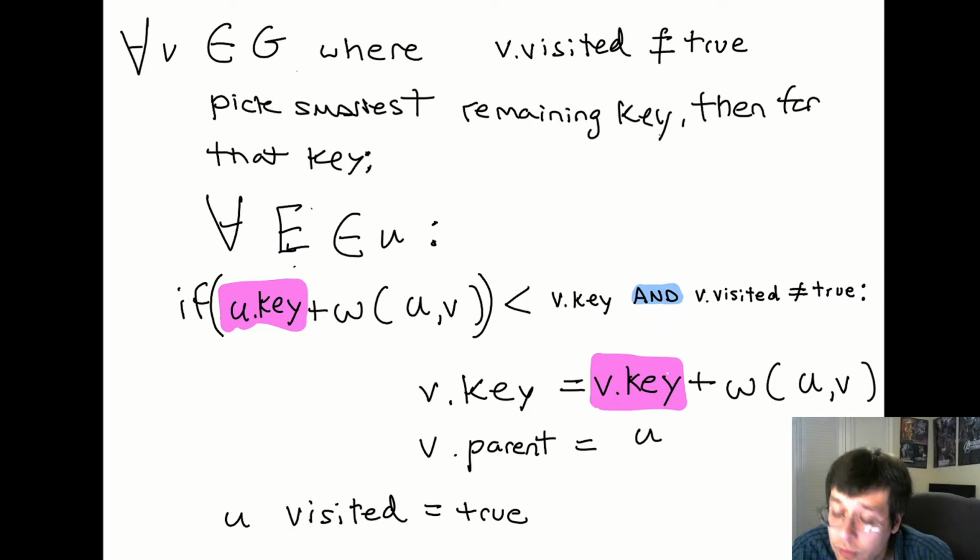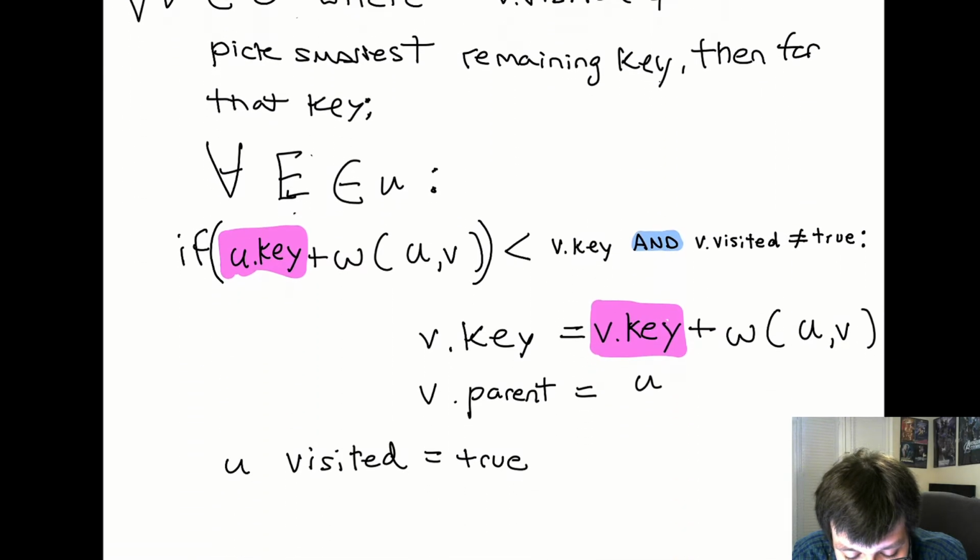And then w is weight. And so when we say for all vertex that are elements of graph G, where this vertex V visited is not equal to true, so where the vertex's visited field is not equal to true, so initialize this to false.